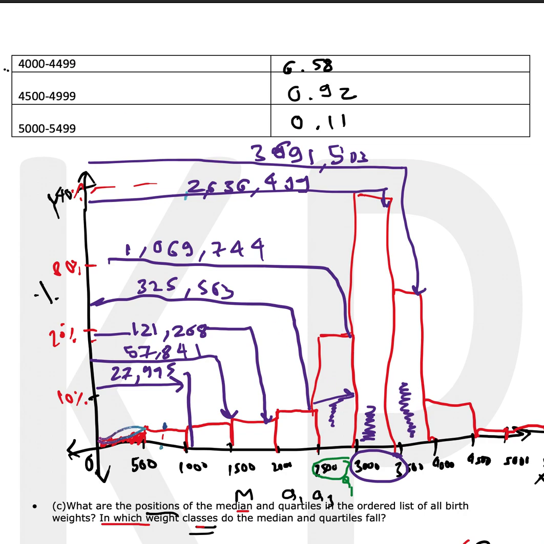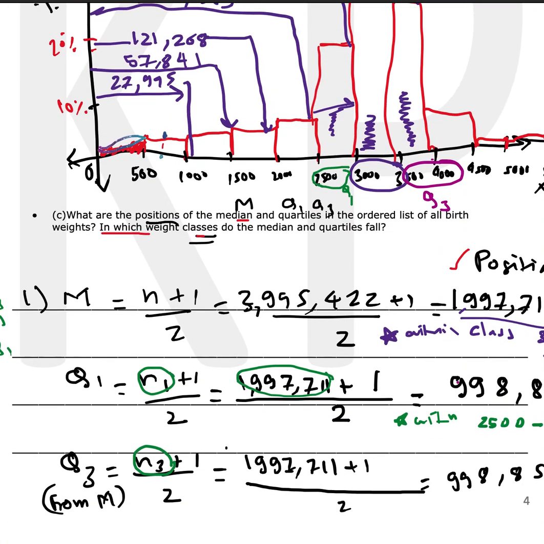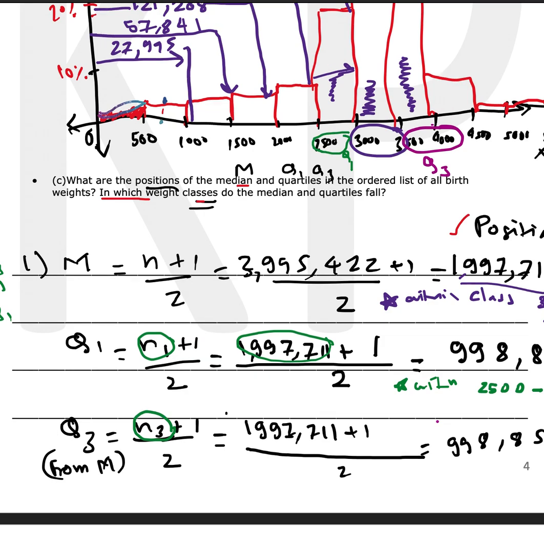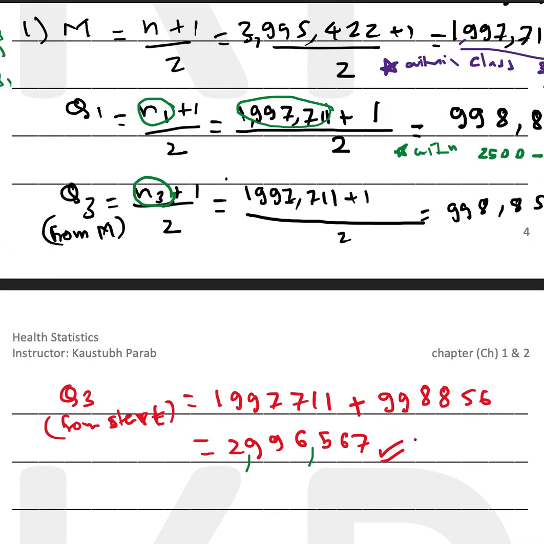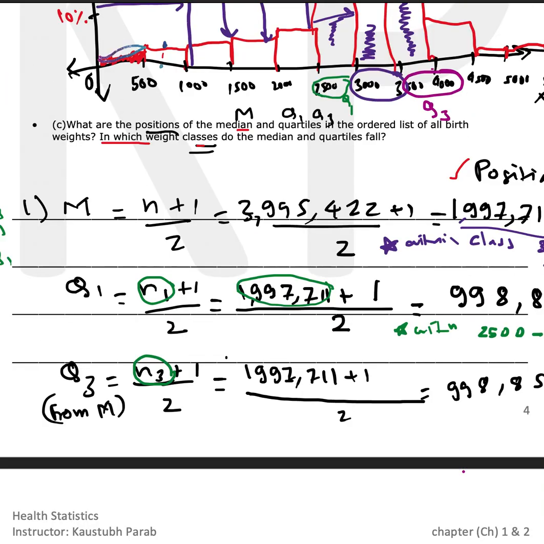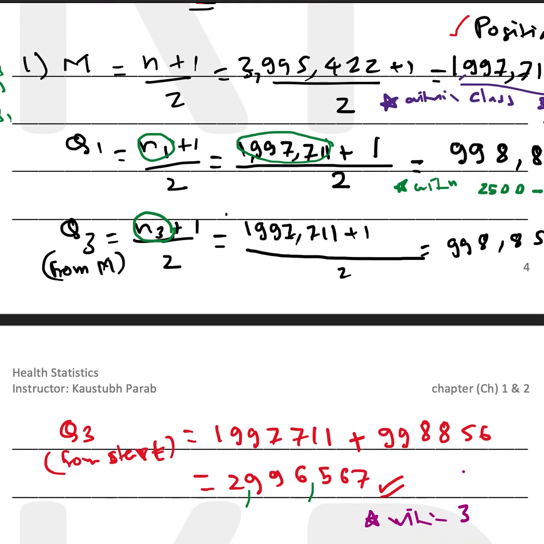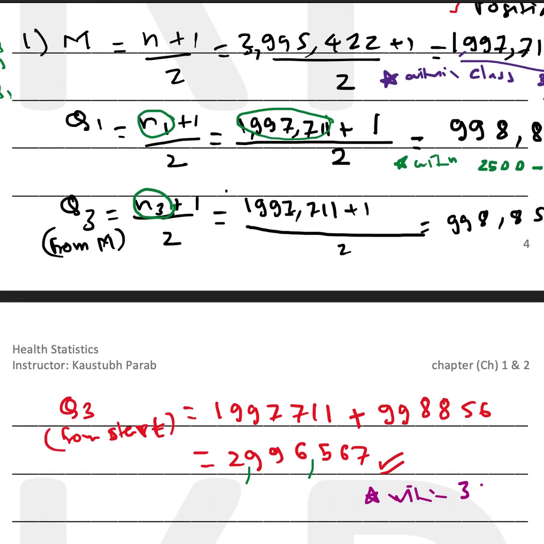So you can locate that category and then answer that the class for the Q3 is this one, that is 3500 to 4000. So Q3 lies within 3500 to 4999.